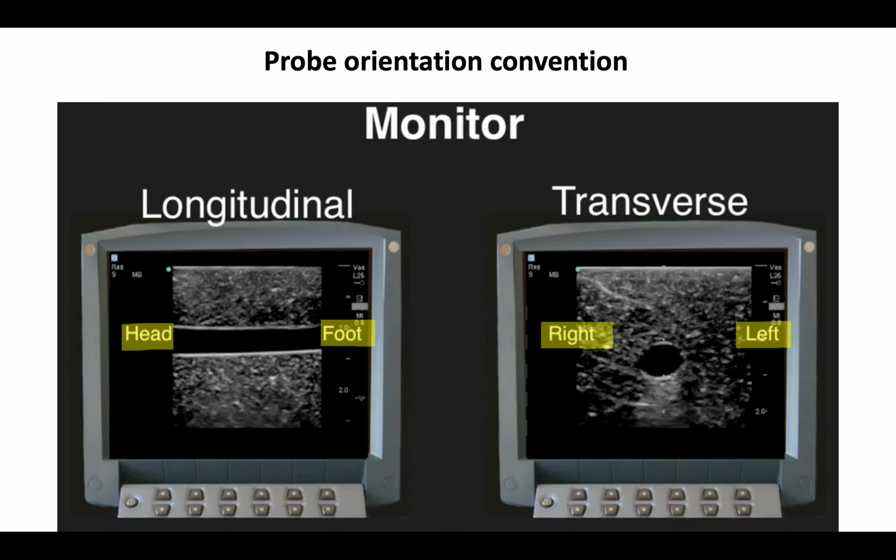There's a convention. If we're looking at something in a long axis, or longitudinally, the orientation marker on a regular ultrasound screen is usually in the upper left corner, and the orientation marker on the transducer is pointed towards the head of the patient.